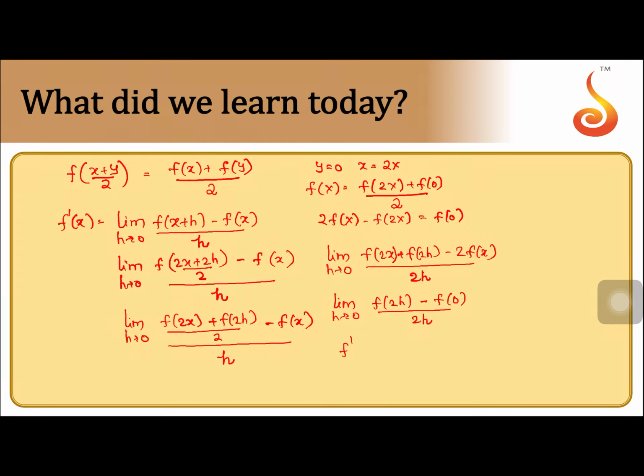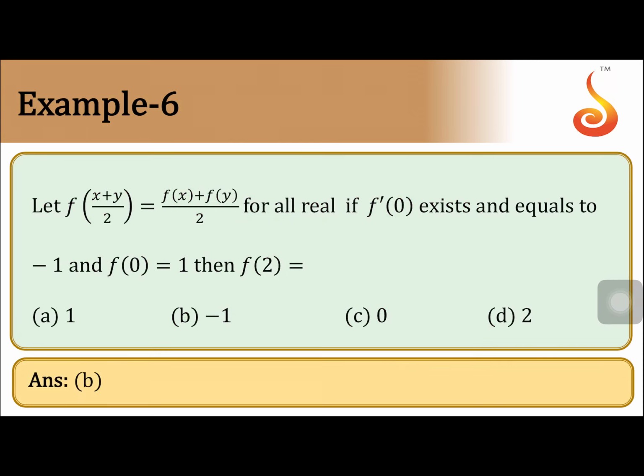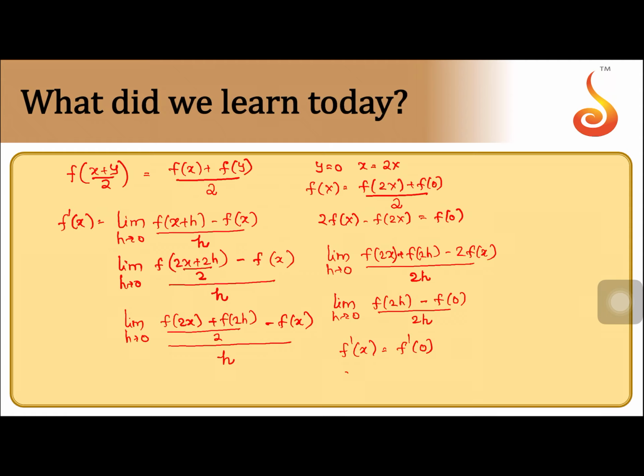So this is nothing but, we started with f'(x), and this is equal to f'(0). But they gave you f'(0) exists and is equal to minus 1. So f'(x) is equal to minus 1.